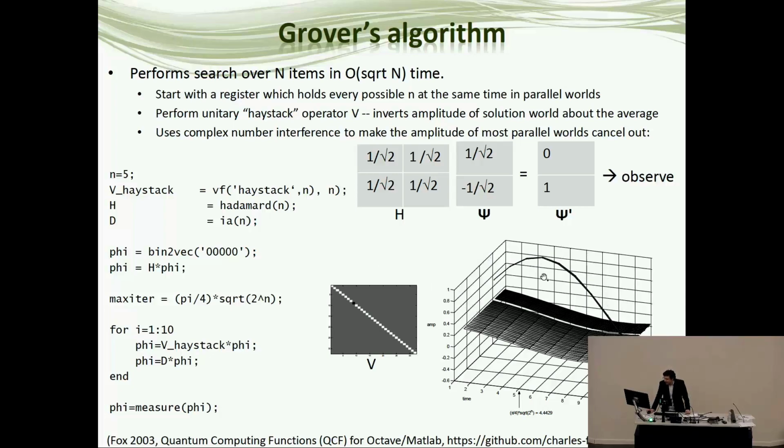But if you stop this process at the right time, you have a very good probability, as in above 90%, depending on exactly what's going on. You have a good probability that the world that you end up being in is the same one that the solution is in. Okay? This comes as a consequence of the complex numbers in the amplitudes. If it was just probabilities, this wouldn't work.